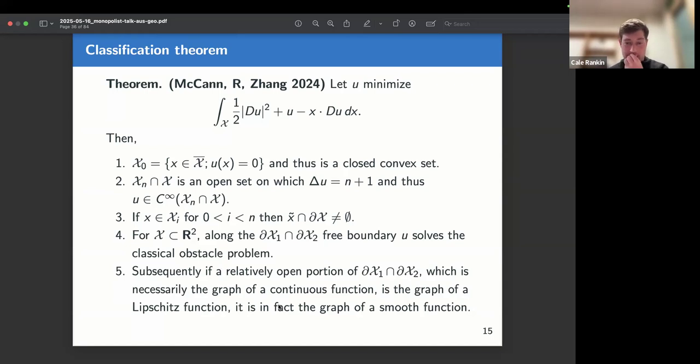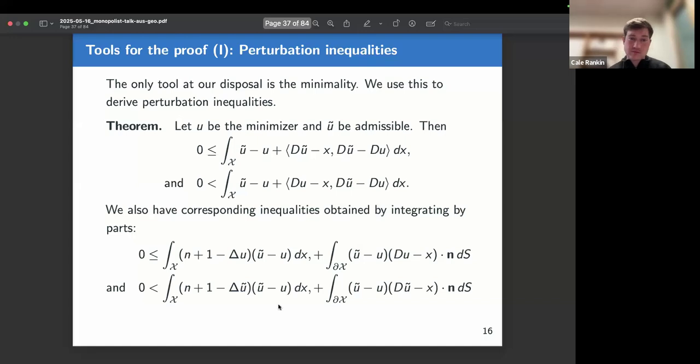So I want to talk a bit about the proofs of these results without going into too much detail. So the only thing we've got to work with is minimality. And as is standard for variational problems, we're going to take the fact that you're a minimizer and use it to define some variational inequalities. And they're as follows.